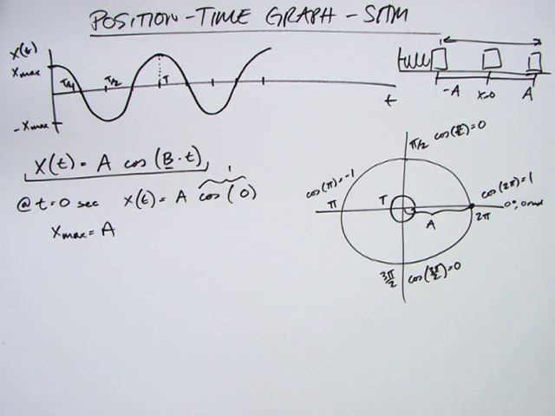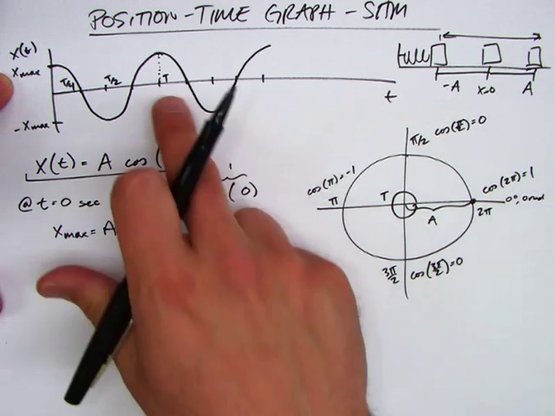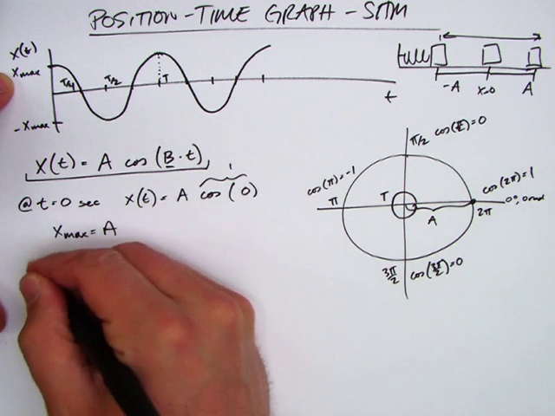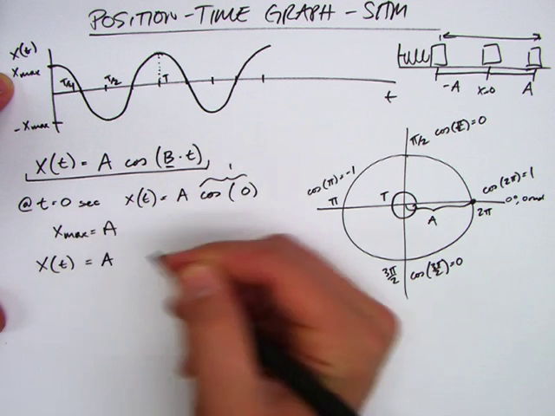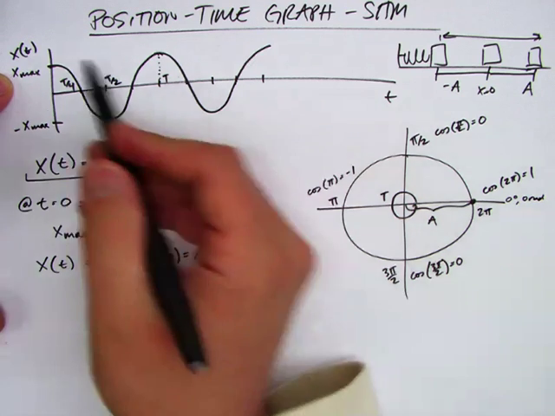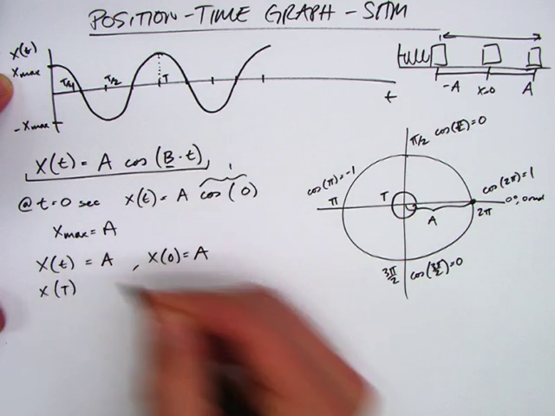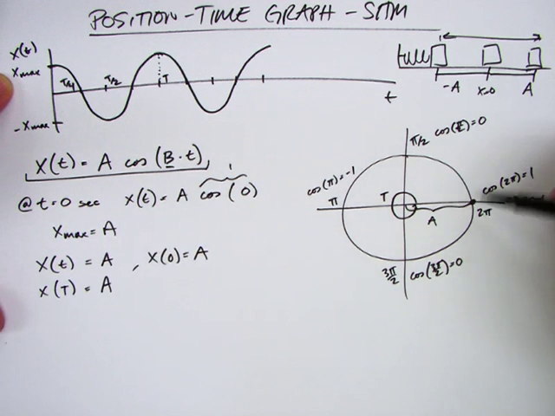So whatever my value is at time 0, I must also have the same value at time T. So when I evaluate x of t at t equals 0, I get A, or x of 0 is A, my maximum amplitude. Now, x at my period, whatever that is, must also be A, because I've completed the circle, I've gone down one full cycle and back, I have to be at the same position, that maximum position.